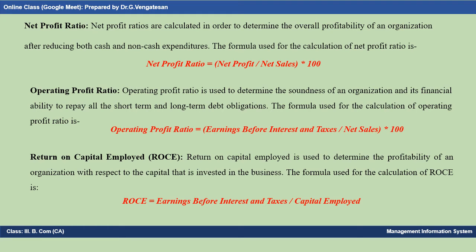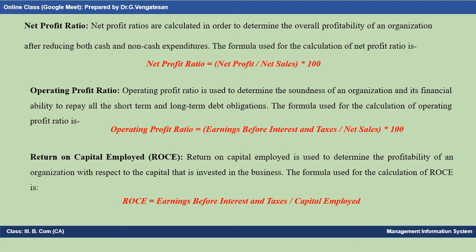The operating expenses with the sales will give you the cost of goods sold calculation, and with the help of cost of goods sold with the operating expenses we are able to find out the operating profit ratio. In the formula itself, operating profit ratio equal to earnings before interest and taxes divided by net sales into 100.